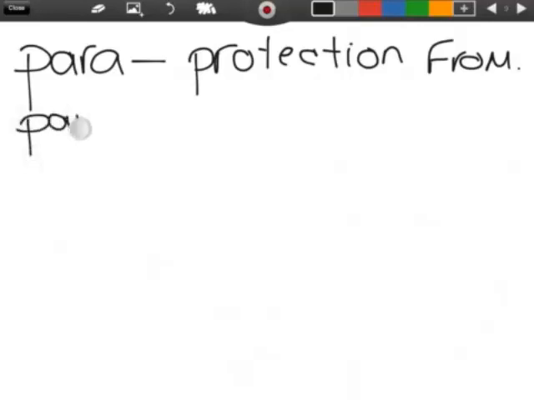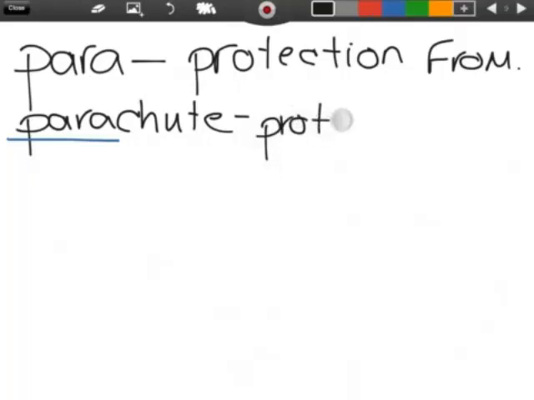Parachute. I'm going to underline the root for you here, and it means protection from falling.